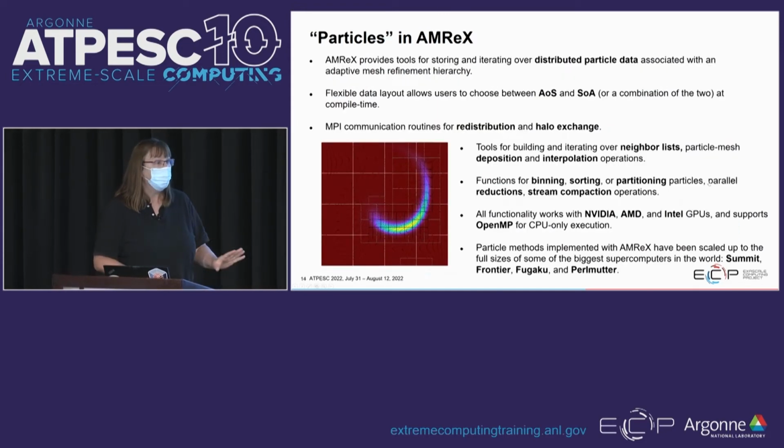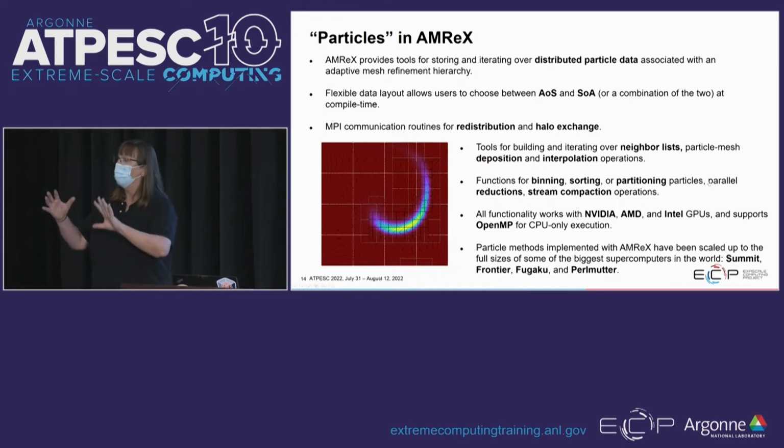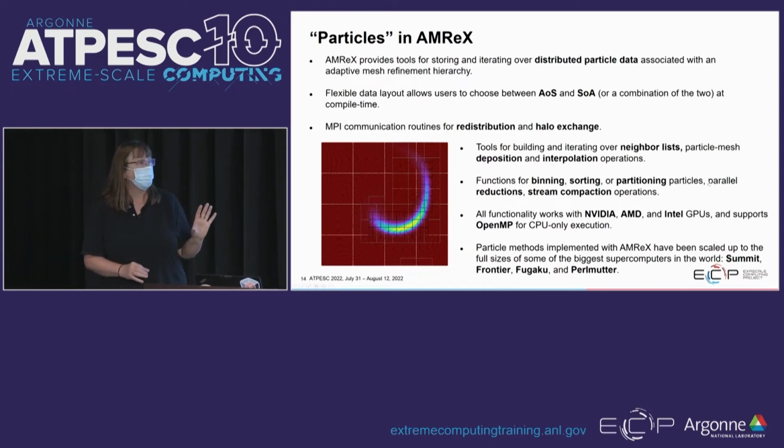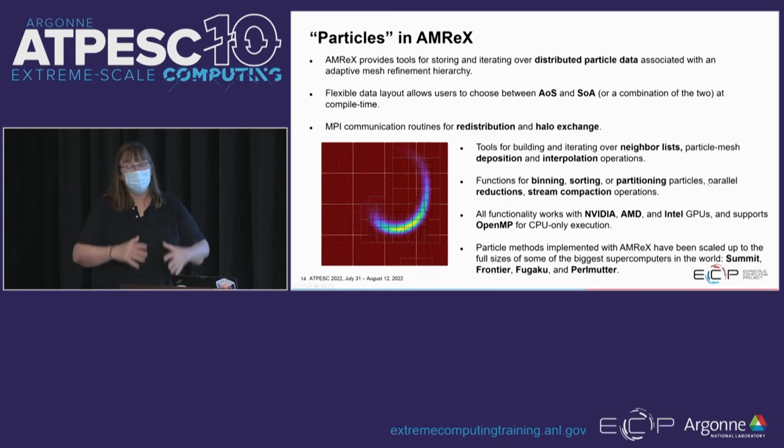OK, I mentioned particles earlier. When we started the AMReX project, we used to have something called BoxLib. For those of you who were at Max's talk last night, Max was a graduate student when we first met him, working on the Castro code. This was pre-GPU, and he's been a great collaborator in the many years since. When we first started, everything was about meshes.